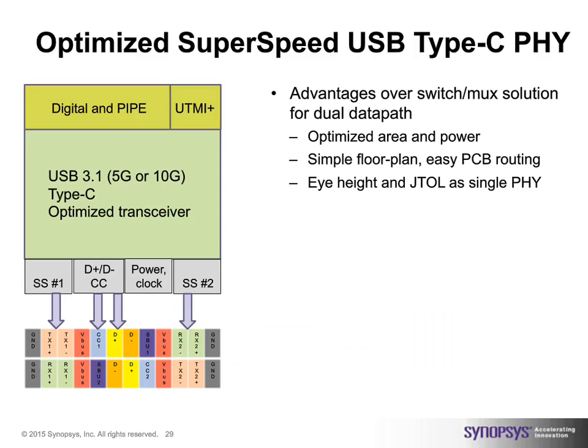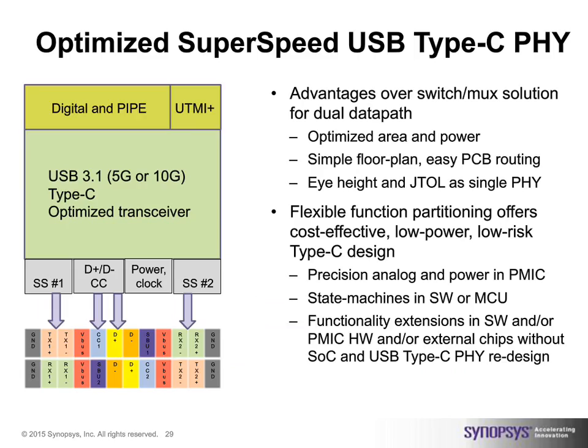You'll have a really simple floor plan, easy PCB routing. You can basically route directly from the PHY to the connector. You'll have the eye height, jitter tolerance, and signal quality of a single PHY. You don't need to think about drivers. And you can have a very flexible partitioning.